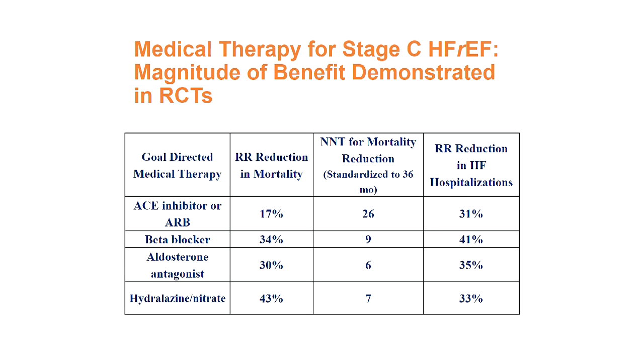So this shows you the benefit of beta blockers, ACE inhibitors, and ARBs. As you can see, your relative risk reduction in mortality is greatest with a beta blocker or hydralazine and nitrate. And then the number needed to treat, if you just look at the beta blocker and the aldosterone antagonist, is 6 for the aldosterone antagonist, 9 for your beta blocker.